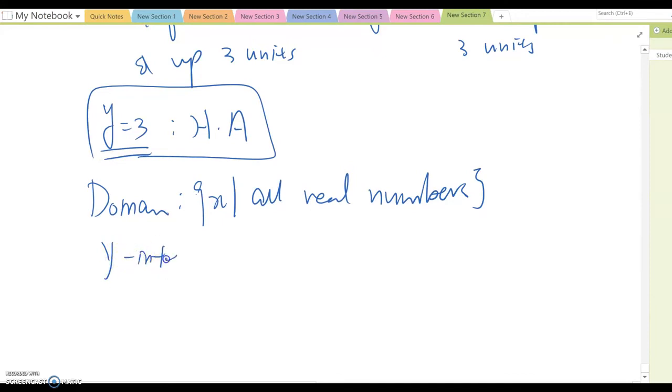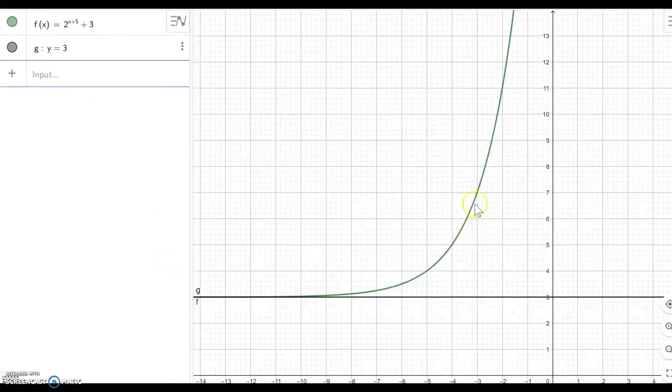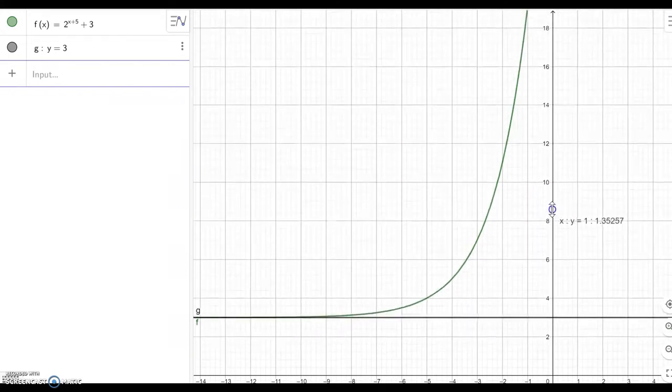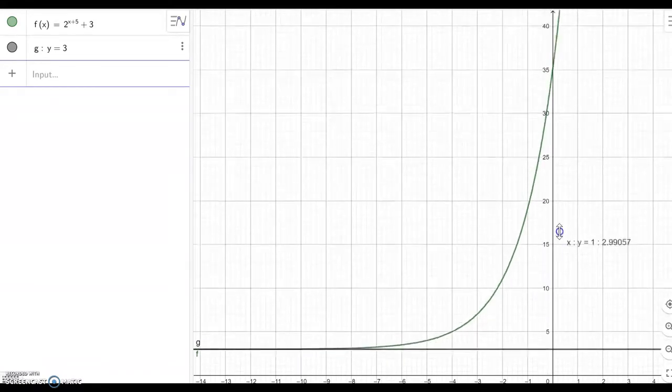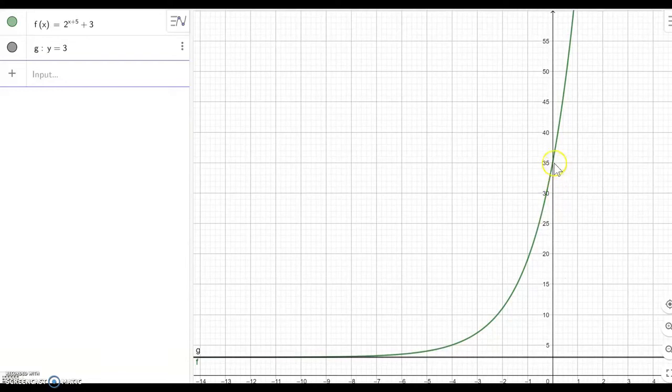Then what about the y-intercept? That will be a little bit different though, because we have to go. So I'm going to zoom out so we can find the y-intercept. It's right here basically, right?